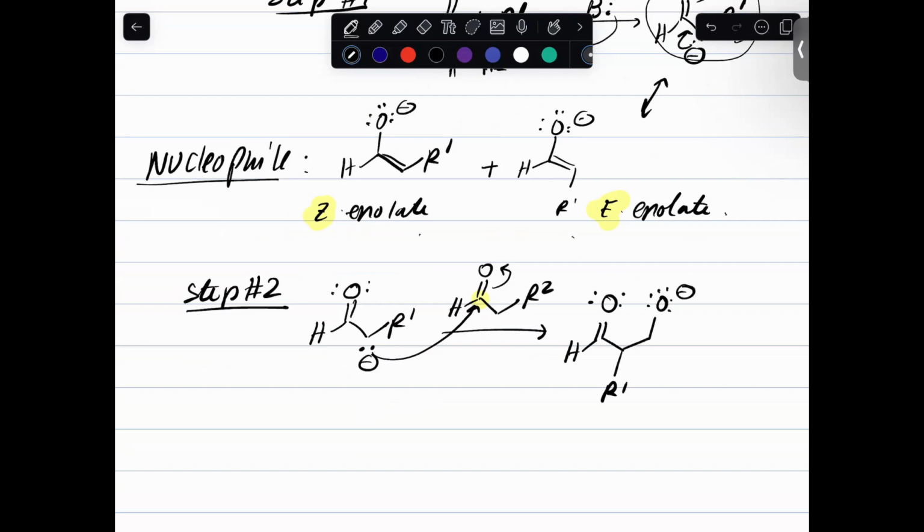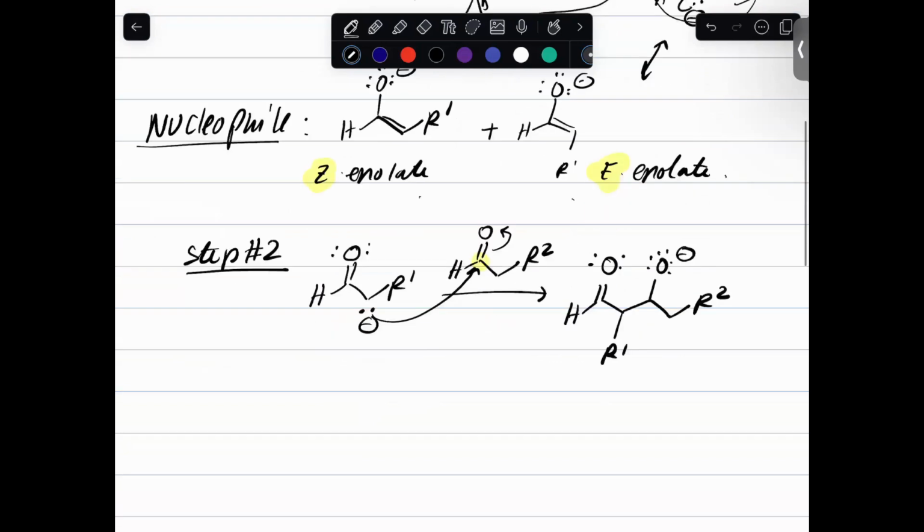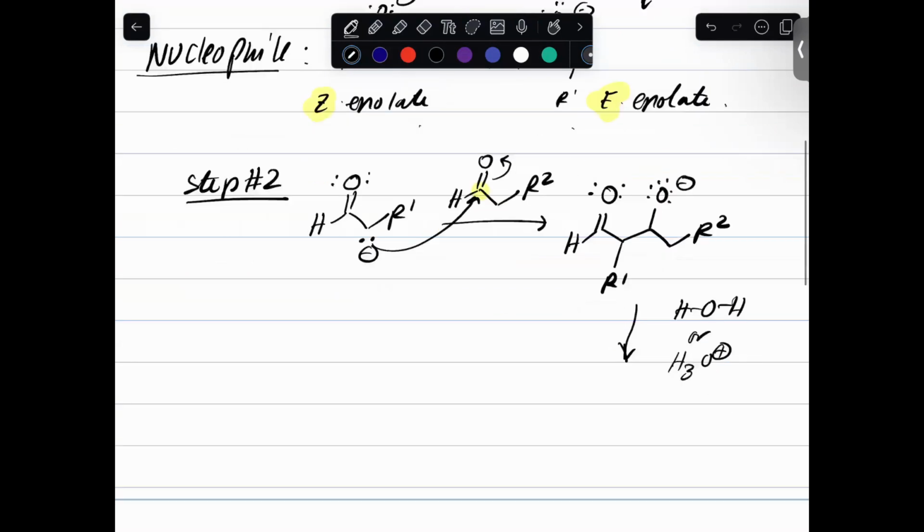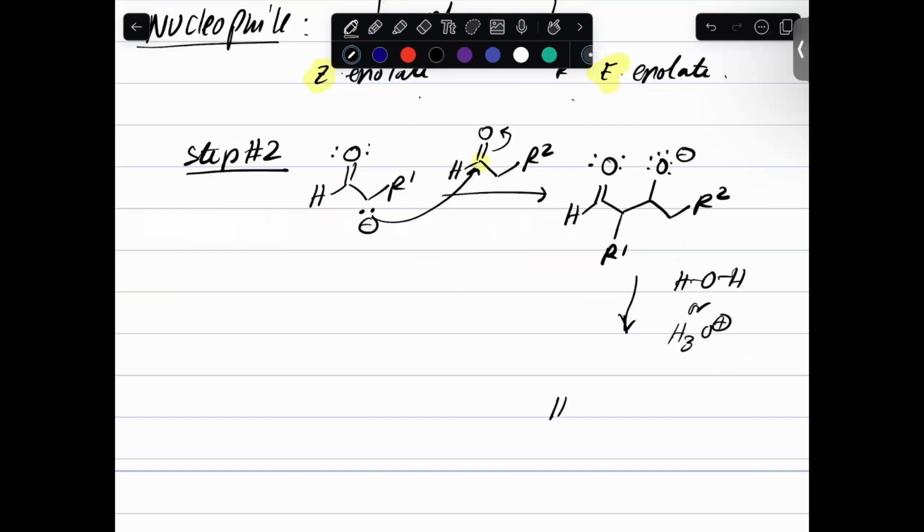We've got our negative charge on our oxygen. And then finally, we treat it with a proton source, whether that proton source is water or acid, and we protonate our oxygen. So really the only difference between this and the previous two lectures is that our electrophile has changed.